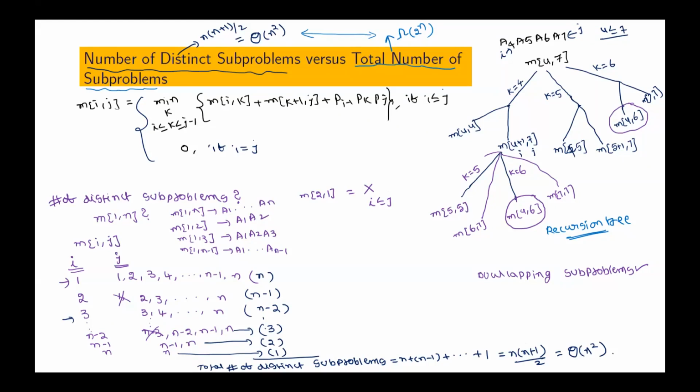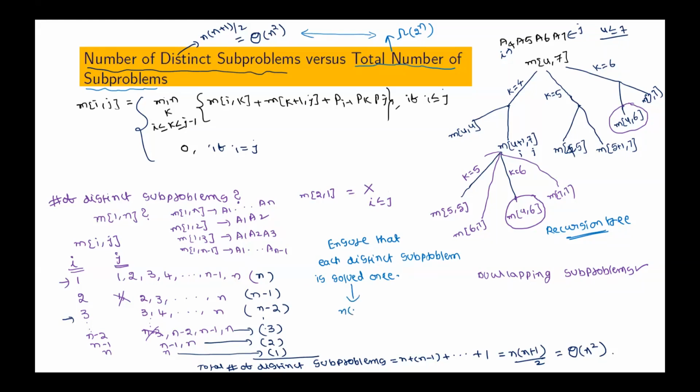Similar to the nth Fibonacci number problem, here also, if we ensure that each distinct subproblem is solved exactly once, then what is the total time this algorithm is supposed to take?